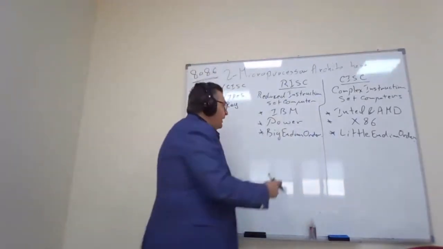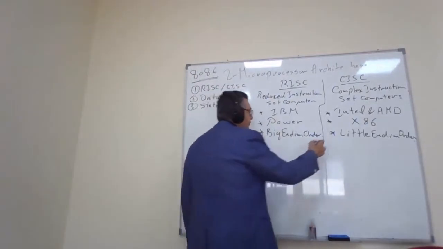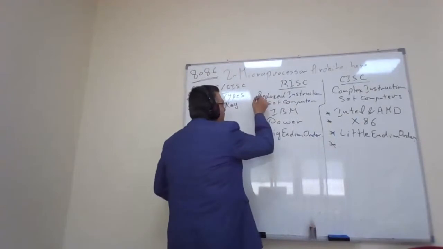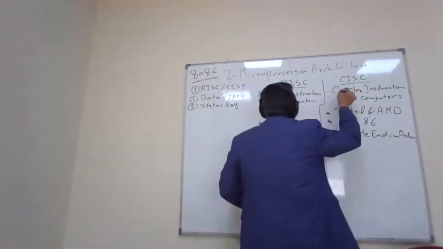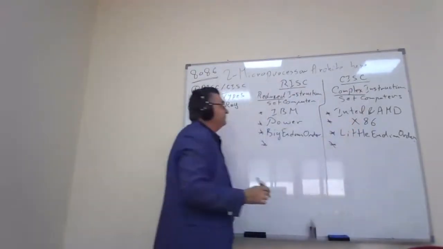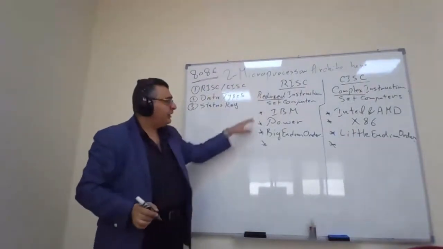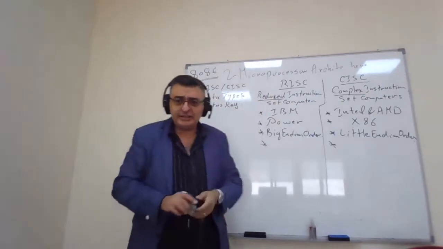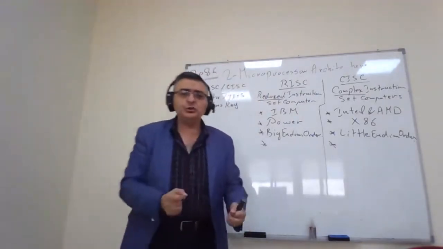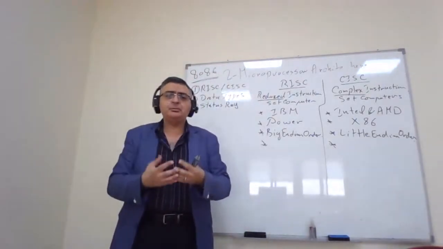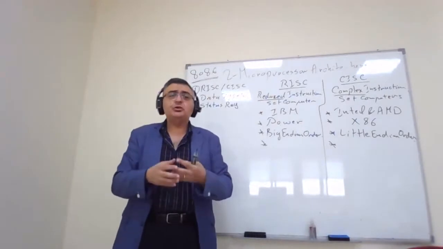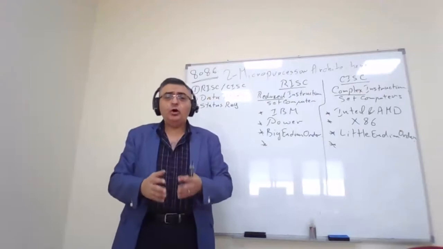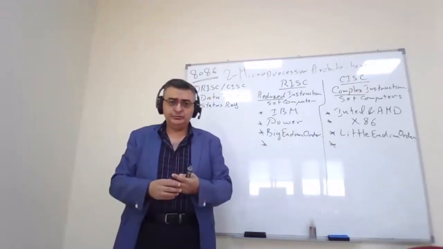One more difference that we want to learn between the RISC and the CISC machines comes from their name. This is called reduced and this is called complex. When IBM built their power machines as RISC machines, they wanted to build the simplest processor ever. So they don't need complex operations or complex architecture.